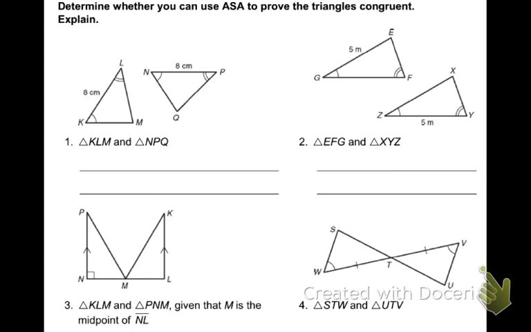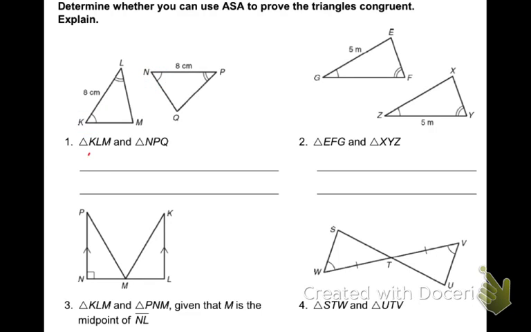Number one says determine whether you can use ASA to prove the triangles congruent. So if we look at number one, what do I know here? What's going to be the same as angle K? Does everybody agree angle K and angle N are the same? Yeah.